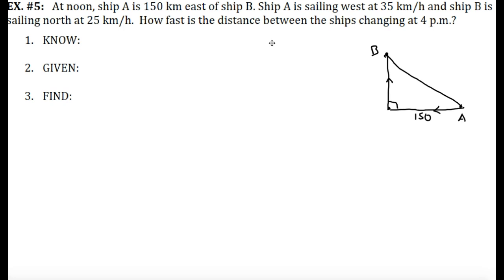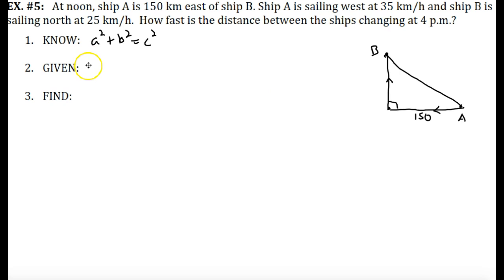We're going to have to relate these things using the Pythagorean theorem. So a squared plus b squared equals c squared. I'm given a couple of rates. Ship A is sailing west at 35 kilometers an hour. That's the rate at which this is changing.